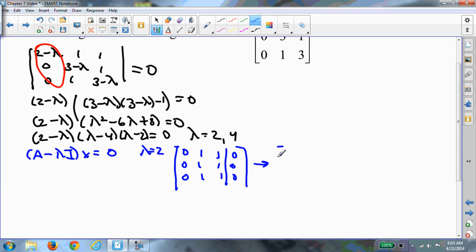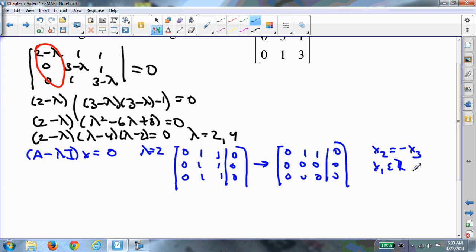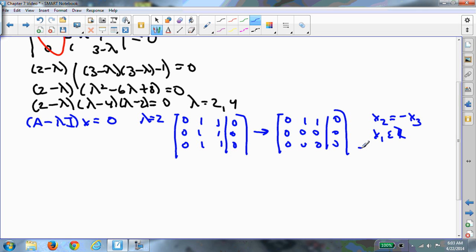So RREFing this reduces down to 0, 1, 1, 0 and then rows of zeros. And again, if I read this as a solution, that means that x2 equals negative x3, and it means that x1 can be any real number. So my corresponding vectors would be (1, 0, 0), and then since x2 can equal negative x3, (0, negative 1, 1).